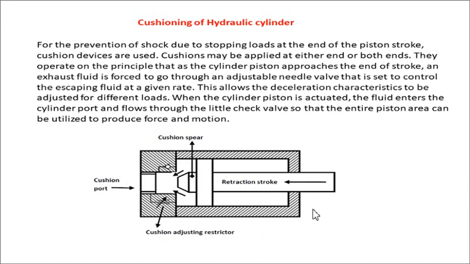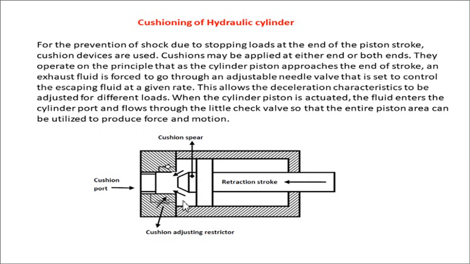So let us understand what exactly this means. When this particular piston approaches its end, you find that there is a check valve, a non-return type of valve, and this is a metered flow control. That means the fluid going out of this actuator has to be forced through a metered flow. Since we control the discharge of the fluid coming out of the cylinder, we can control the velocity of this piston.